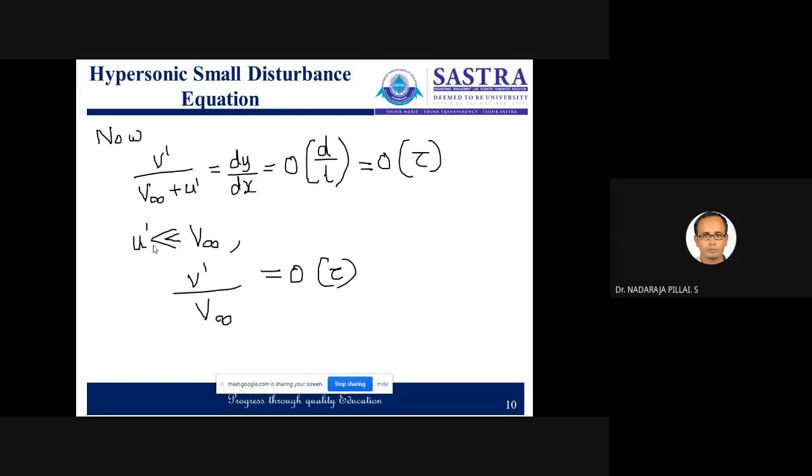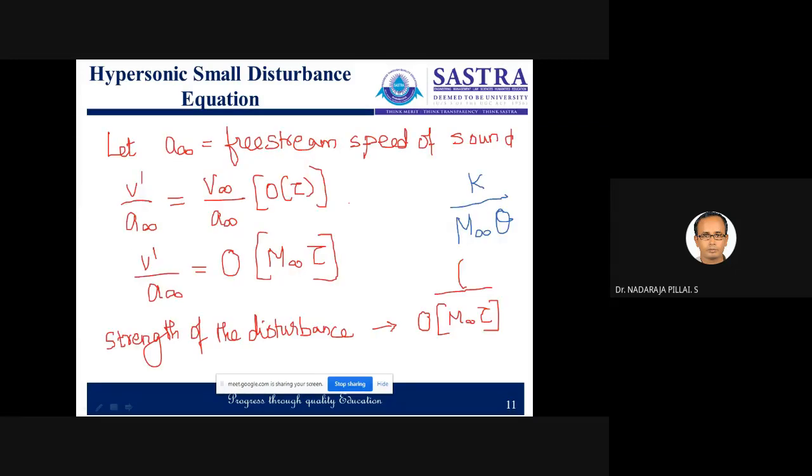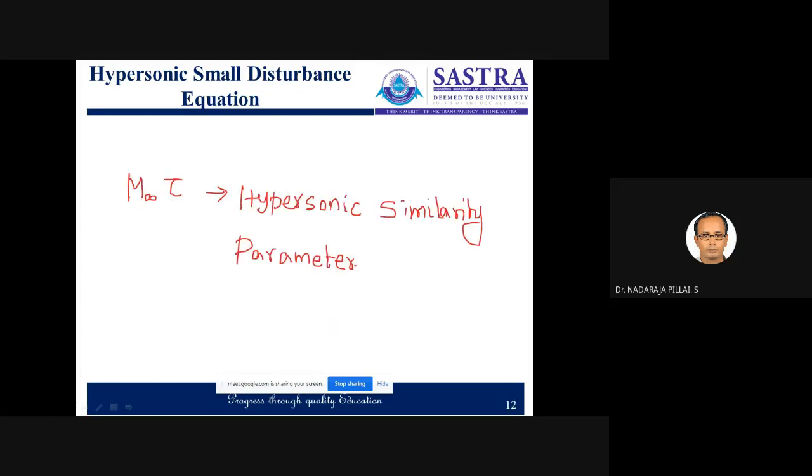Using the order of magnitude method, we found that the strength of the disturbance is of the order of m infinity tau, and m infinity tau is in terms of k, that is the hypersonic similarity parameter.